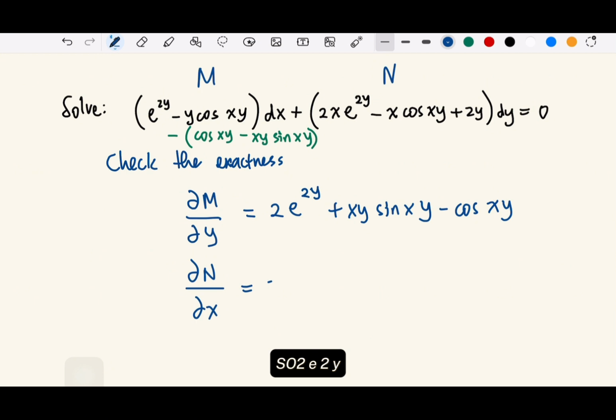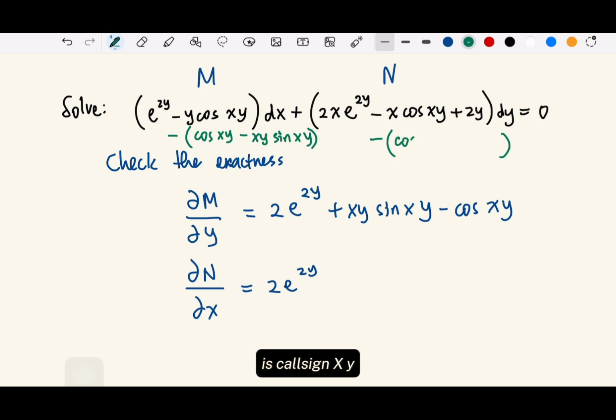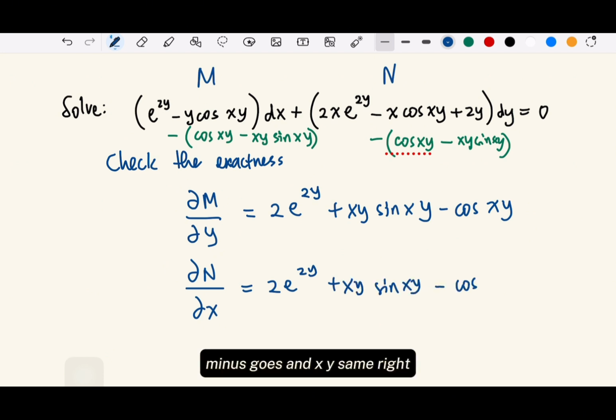So 2e to y, and then as a product rule, cosine xy minus xy sine xy. Same, right? So we could write plus xy sine xy minus cosine xy. Same, right? So we know that both of these are equal.